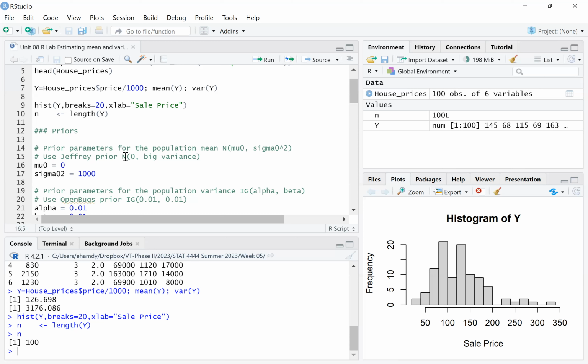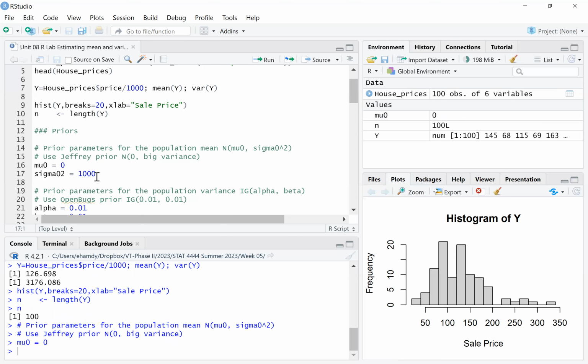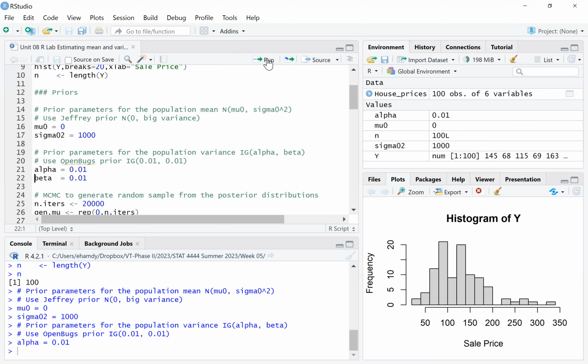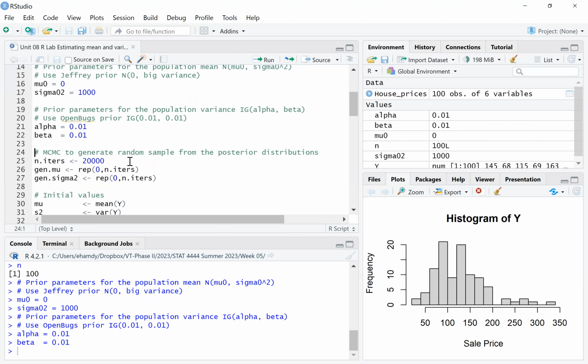So let's use mu 0 as 0, and sigma 0 squared is 1,000. And also let's use a non-informative prior for the population variance. So use an inverse gamma with a very small value for alpha and a very small value for beta, which is a vague prior. So alpha is 0.01, beta is 0.01.